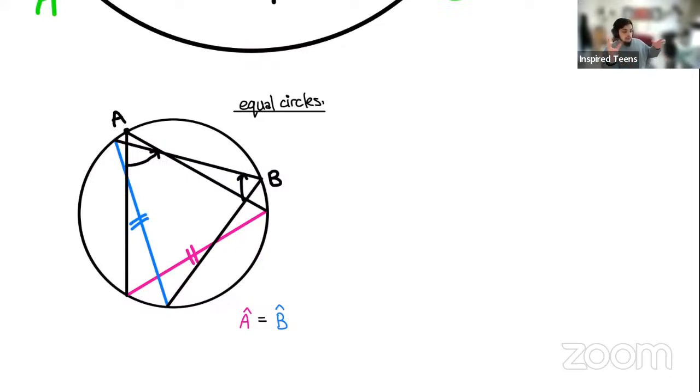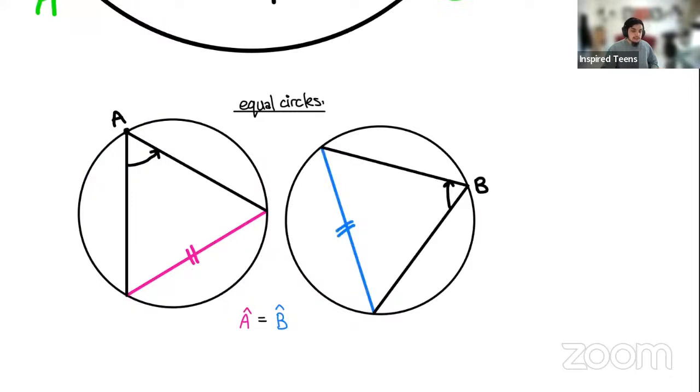So if they're equal circles, the theorem would work as well because it's like they're the same circle. If you take an equal circle and put it separately, it's literally the same thing. So that's why it would work. It wouldn't work in unequal circles, of course.